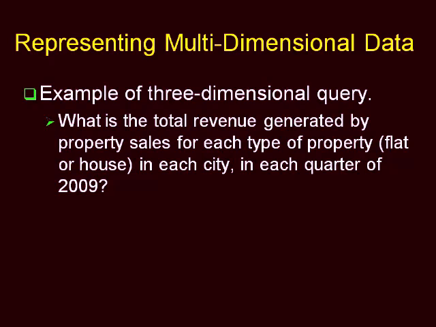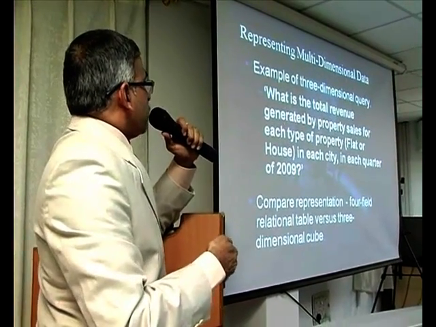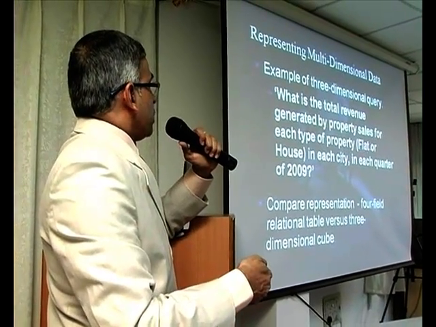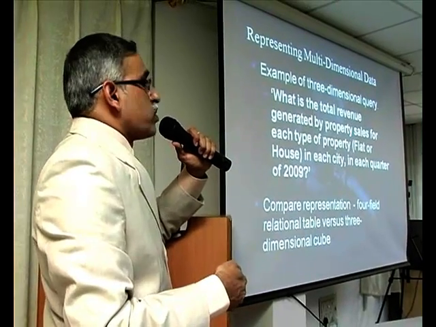If you extend the same representation by adding a property, say sales: what is the total revenue generated by property sales for each type of property, say either flat or house, in each city, in each quarter of 2009.